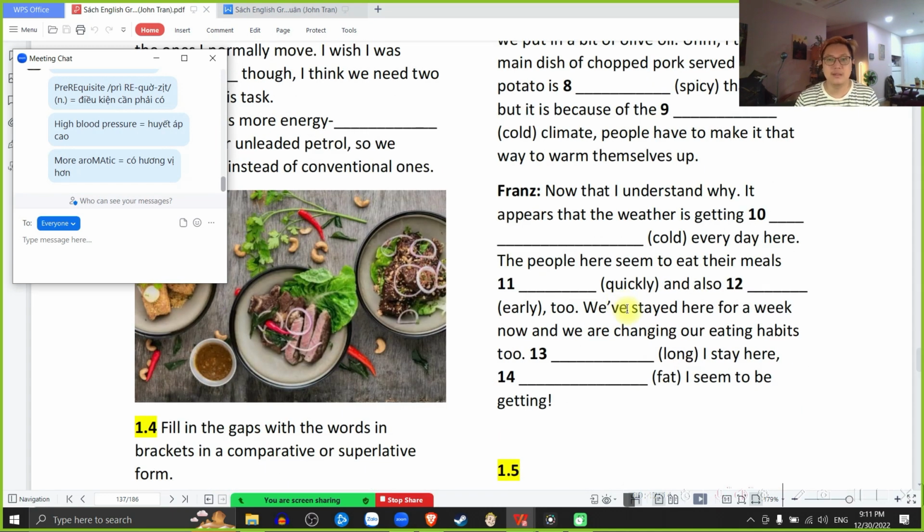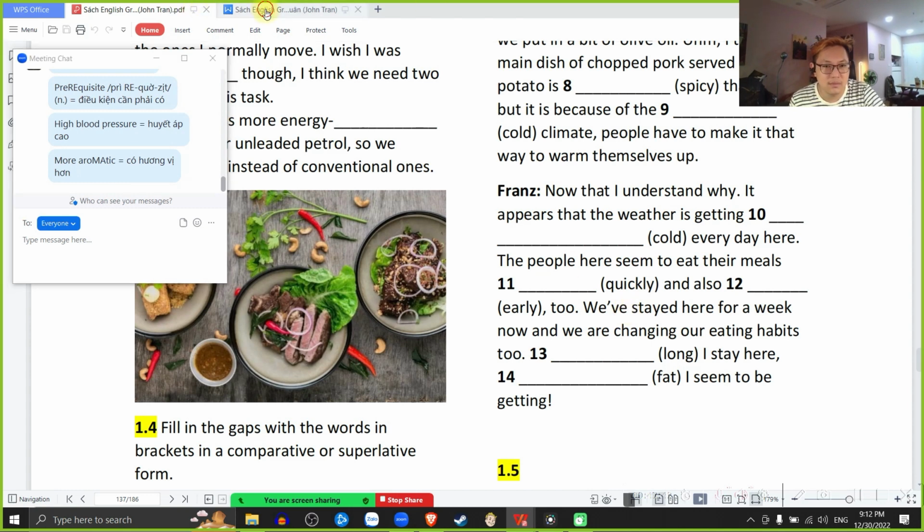Alright, now that I understand why it appears that the weather is getting way colder every day here.